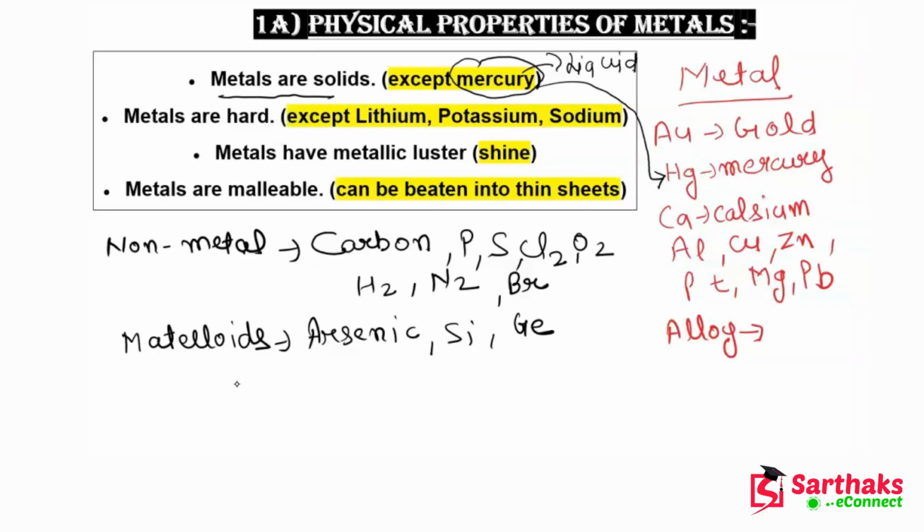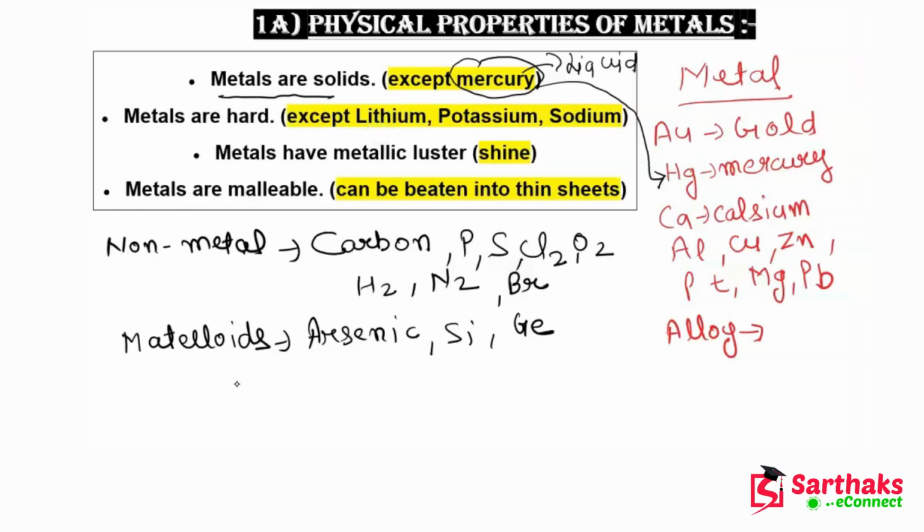Now except lithium, potassium and sodium, these are not so hard. You can even cut them with a knife. So these are not hard, but most of the metals are hard. So you should be very careful while remembering the exceptions, because exceptions are the points from where questions can be asked.